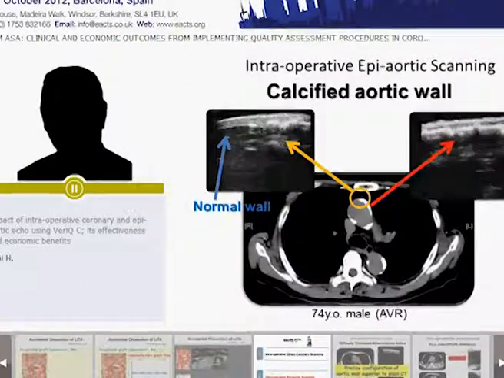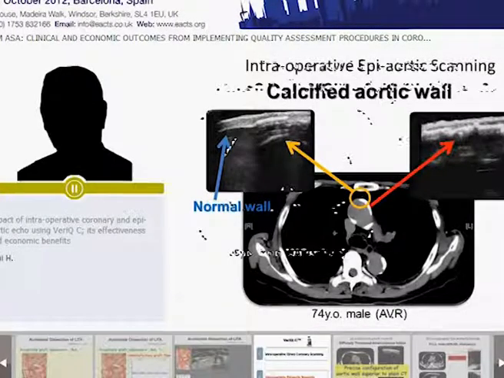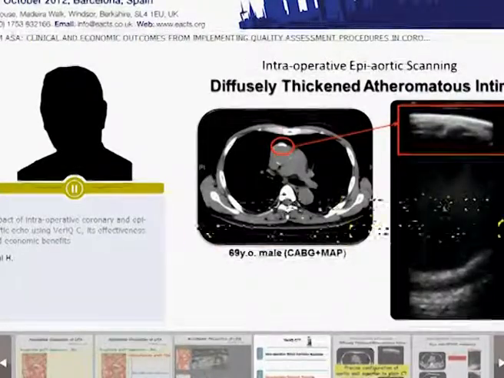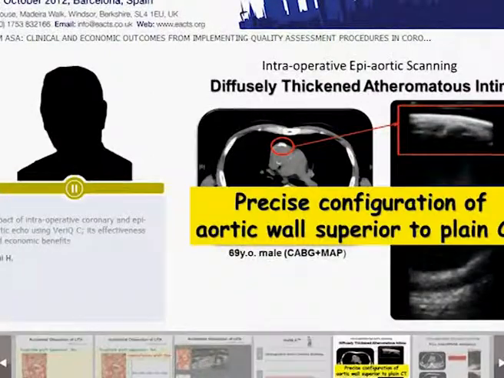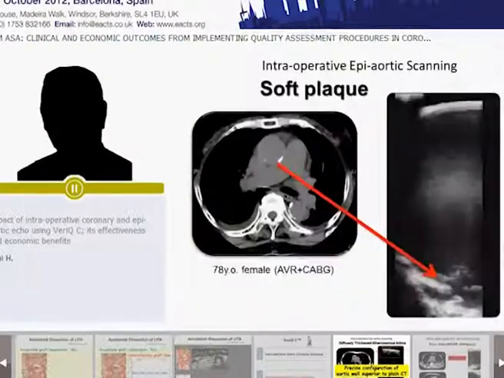For intraoperative epi-aortic scanning, if there is a calcified aortic wall, the view is something like this. And if there is a diffusely thickened atheromatous intima, you can find it, and the more precise configuration of the aortic wall is superior to plain CT.